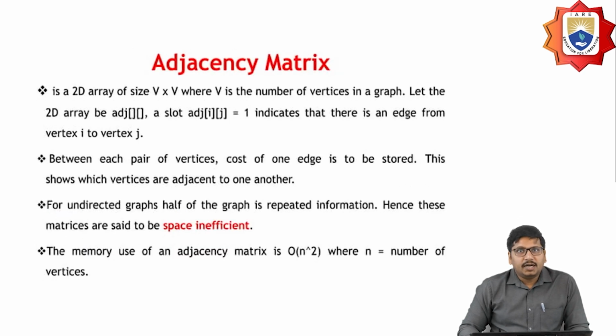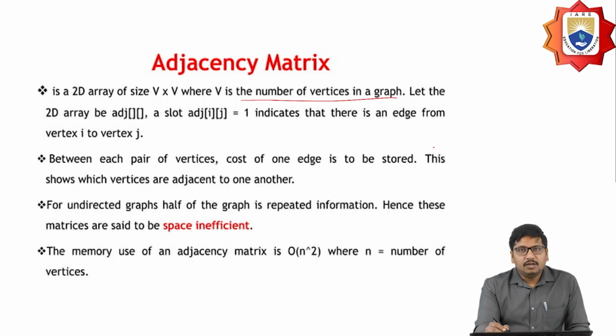The first one is the adjacency matrix. It is a 2D array of size V by V, where V is the number of vertices in the graph. Let the 2D array be represented as the adjacency matrix. I assign the value 1 whenever there is an edge from vertex i to vertex j.